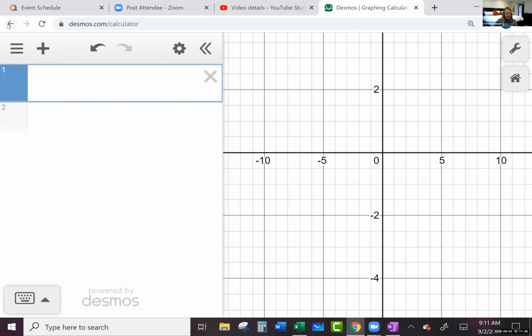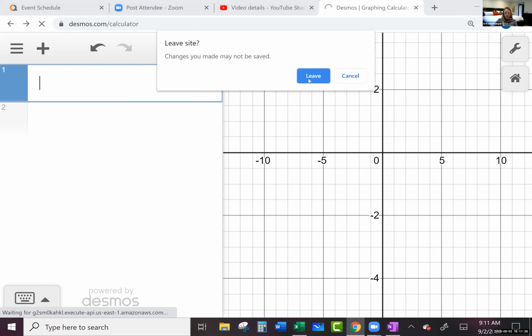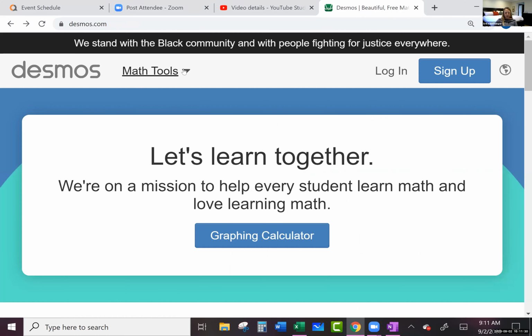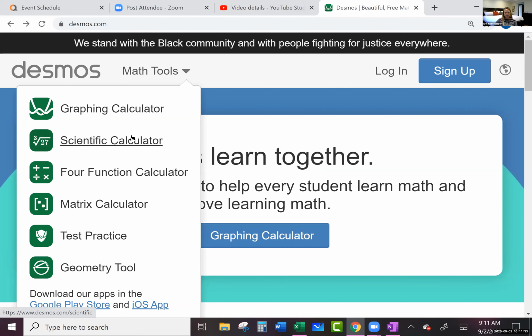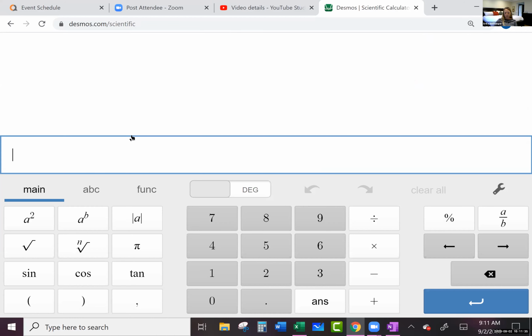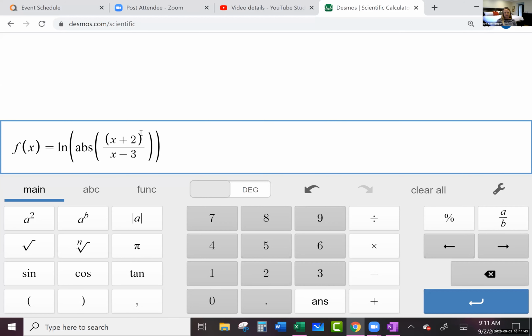So in the scientific calculator, we define our function: f of x is equal to the absolute value of x plus 2 all over x minus 3.